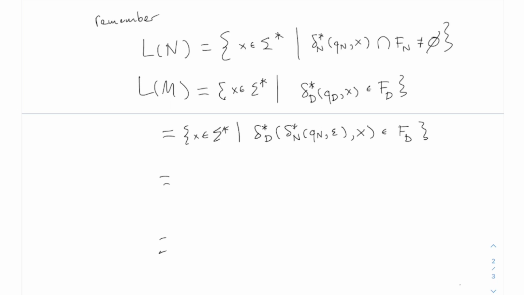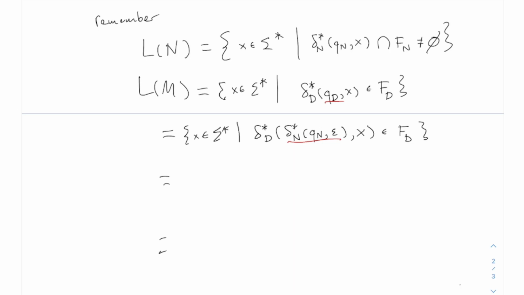All we did here was rewrite what is QD. If you look back in your notes a moment ago, we wrote down what QD is, and it is delta star N of Qn comma epsilon. That's what QD was. So all I did right there was plug in for QD. This right here, QD, is equal to that. We just said that before, all right?